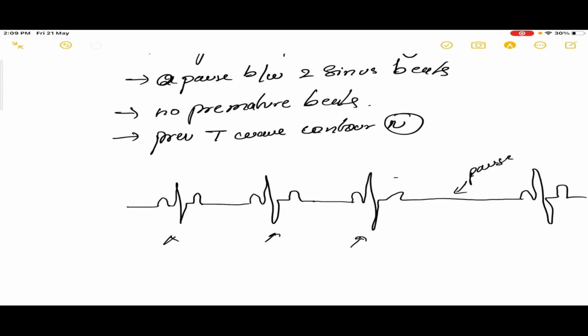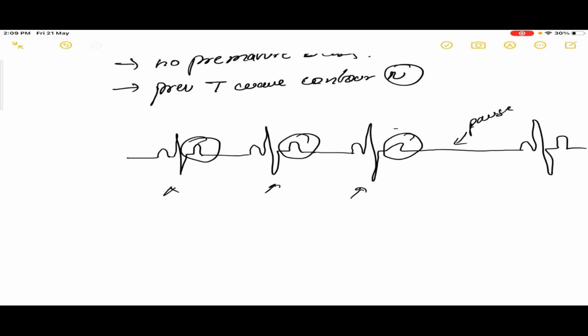But still this is not a sinus wave because if you see the T wave contour, this is altered. The premature beat which has occurred here has merged with this normal sinus beat, altering the T wave contour. So this is actually an atrial premature beat with the pause.